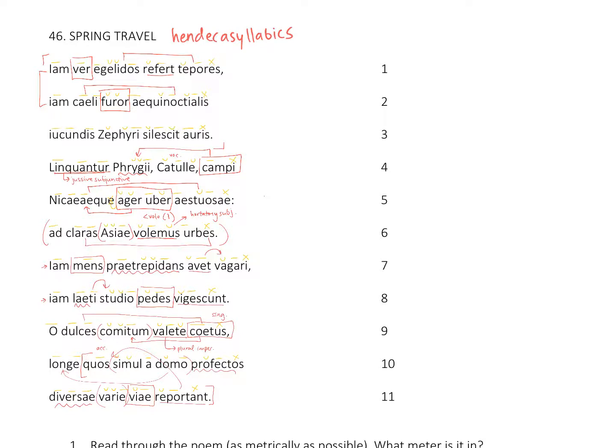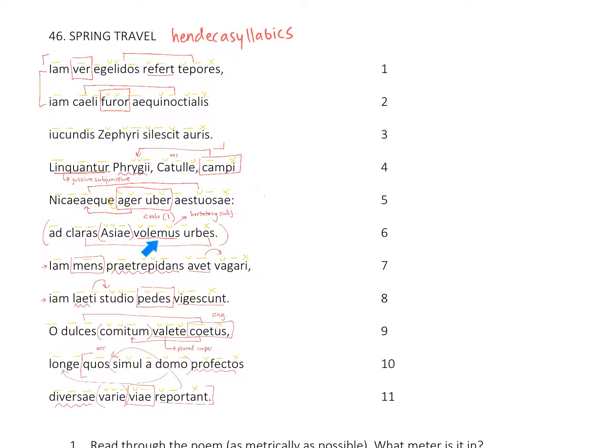Once more, rather quickly. Now spring brings back the unchilly warmths. Now the frenzy of the equinoctial heaven grows quiet or grows restful with the pleasant breezes of zephyr. Catullus, let the Phrygian fields be left behind, and the fertile field of sweltering Nicaea.